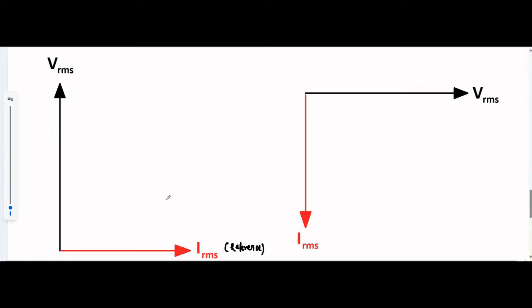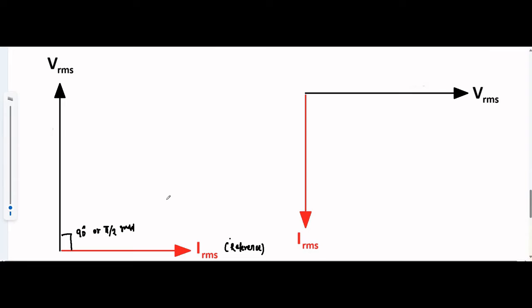Here voltage leads current by pi by 2 radian or 90 degree. This voltage leads current.